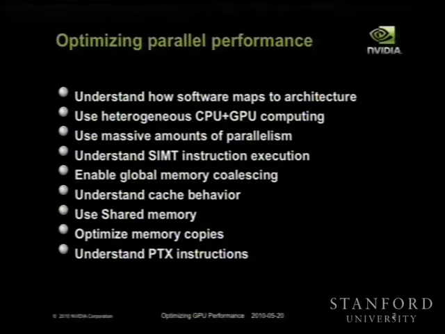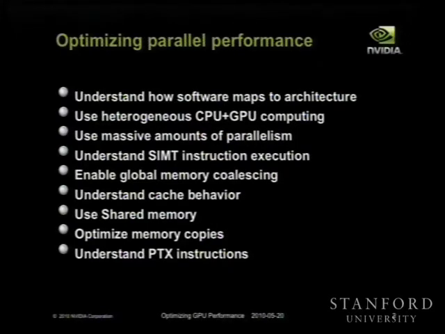Now that Fermi has more interesting cache support for memory accesses, we'll talk a little bit about how to understand the cache behavior. Then, of course, shared memory is a big deal on all these GPUs because it's an on-chip memory that makes a big difference and allows you to access data with much lower latency and much higher bandwidth than you can get going out to ordinary DRAM memory.